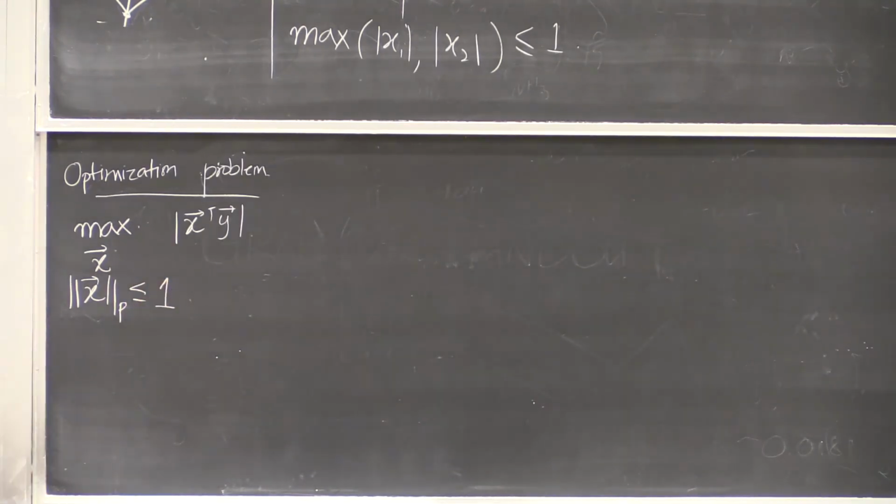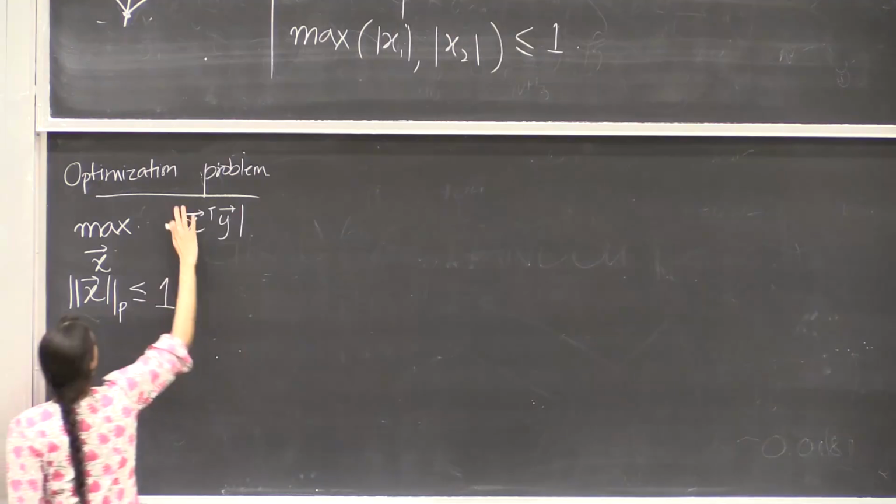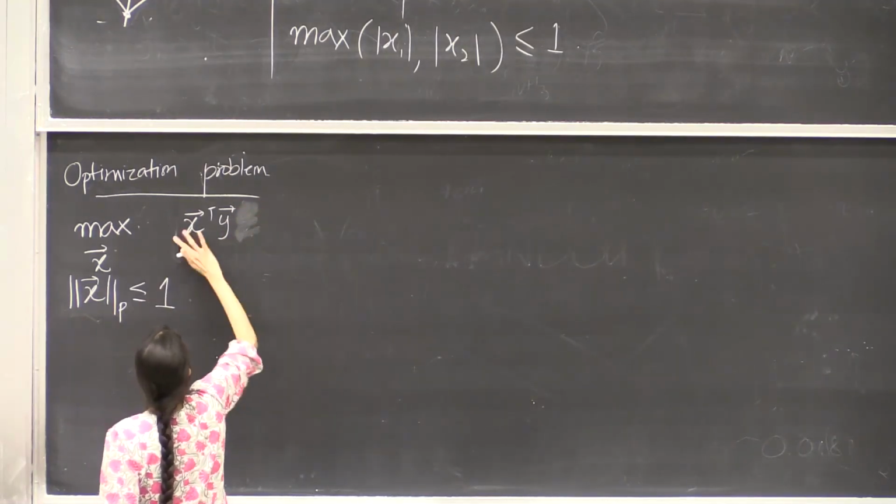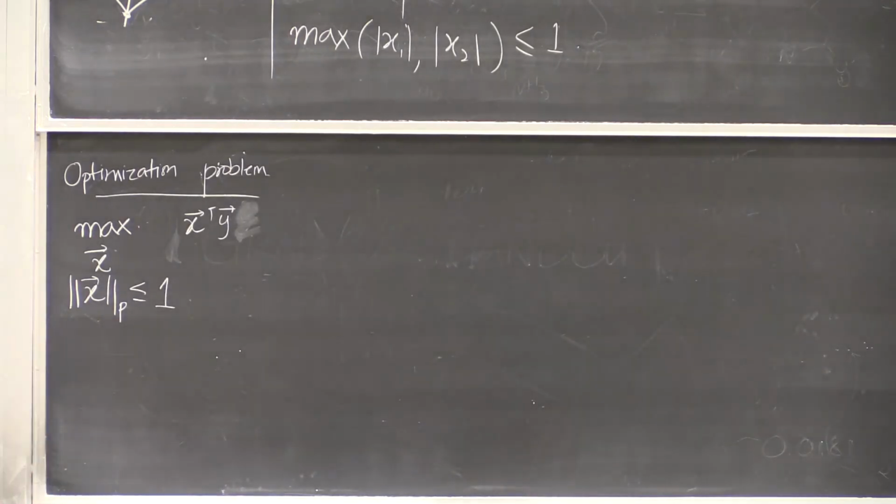I'm given some fixed vector y, and I want to maximize the inner product of x with a particular vector y, subject to x having a constraint on its p norm. Okay? Actually, let's remove this absolute value. It won't make a difference, but I think it's easier to think about without the absolute value.